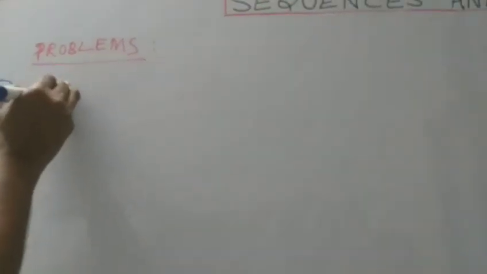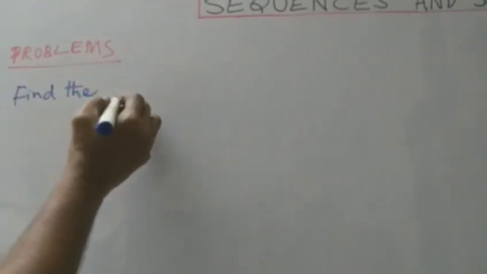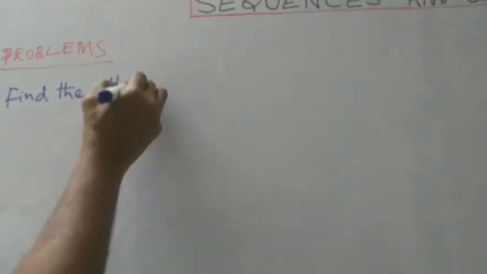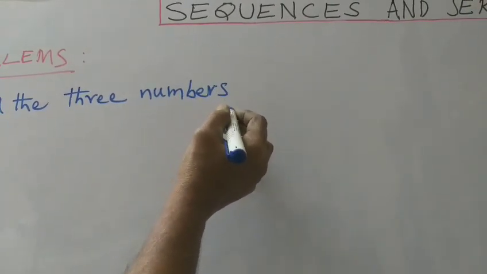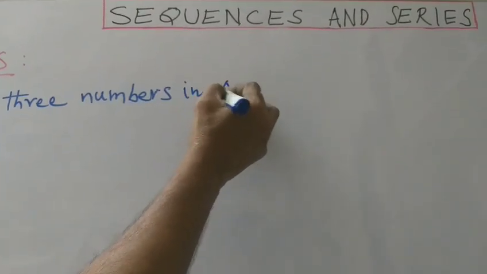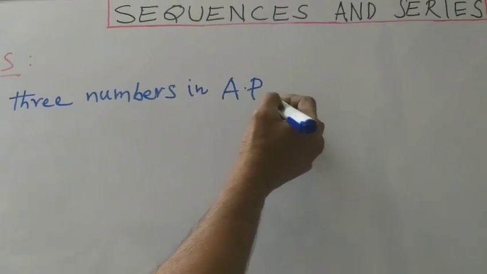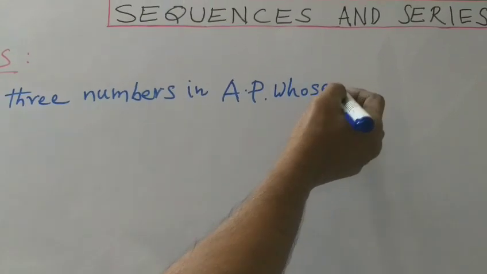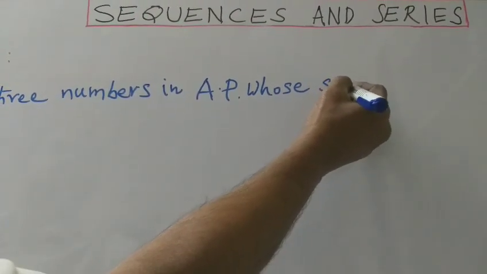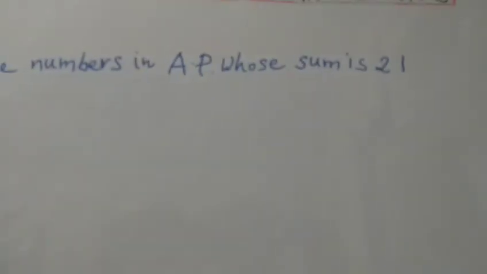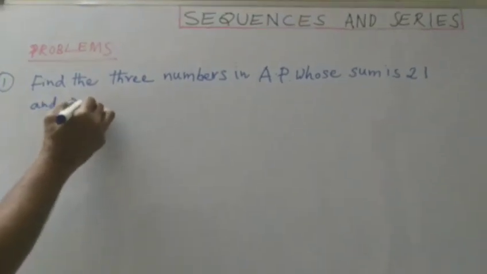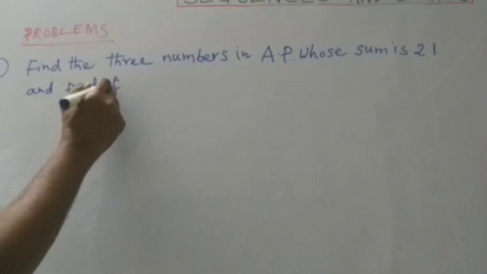The first problem goes: find the three numbers in arithmetic progression whose sum is 21 and product is 315.